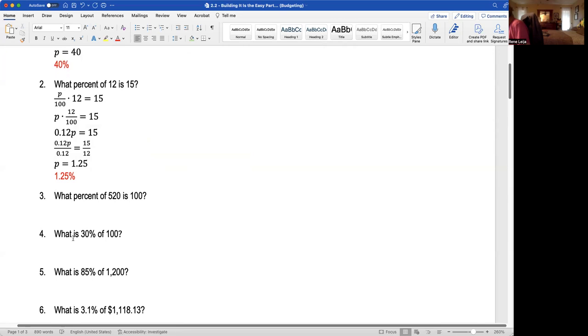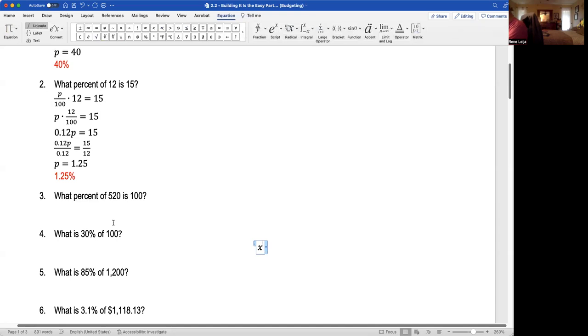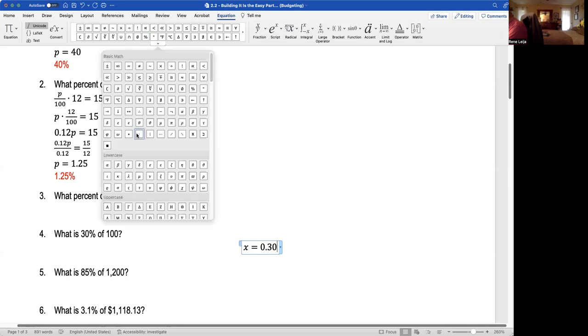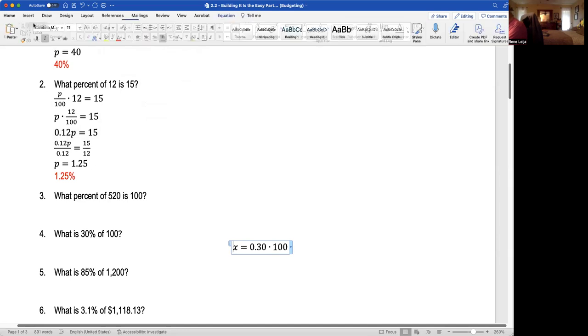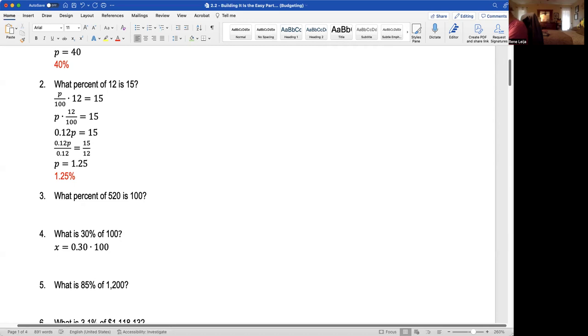All right, number 4, what is 30% of 100? Okay, well, the what is going to be our variable. So what is 30%? So that's 0.30 of means to multiply 100. So all I have to do is multiply 0.30 times 100.